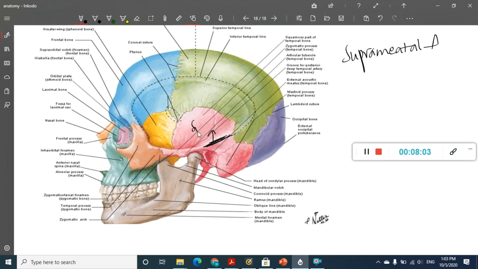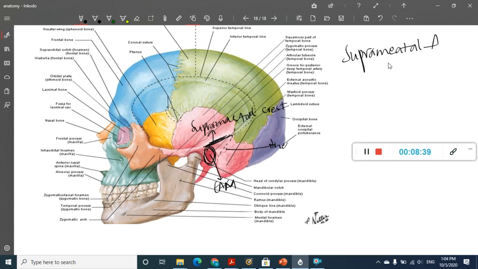So this is the supramastoid crest which you are seeing above. And in the front part, it is bounded by the external acoustic meatus, and behind it is formed by a line joining the supramastoid crest and the external auditory meatus by a vertical tangent passing posterior to the mastoid.